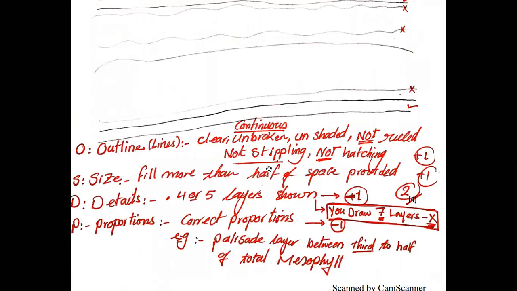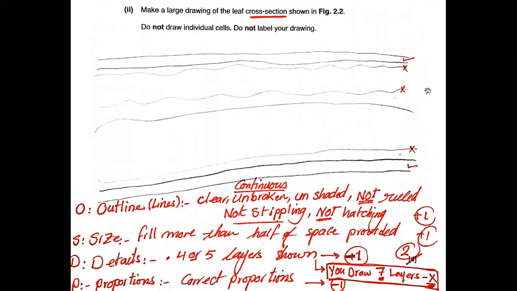So number one, the student here made a mistake by making the cuticle layer very thick. Actually he shouldn't do it. He drew all of this layer as the cuticle, and actually it should not be, so this line should be removed. Those two lines have to be removed, and this one that I crossed means that this is the epidermis layer.